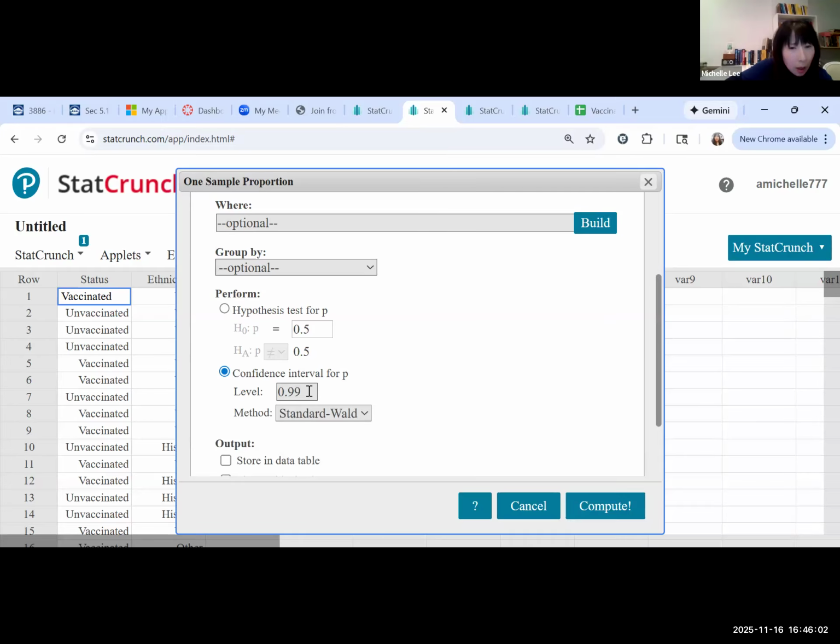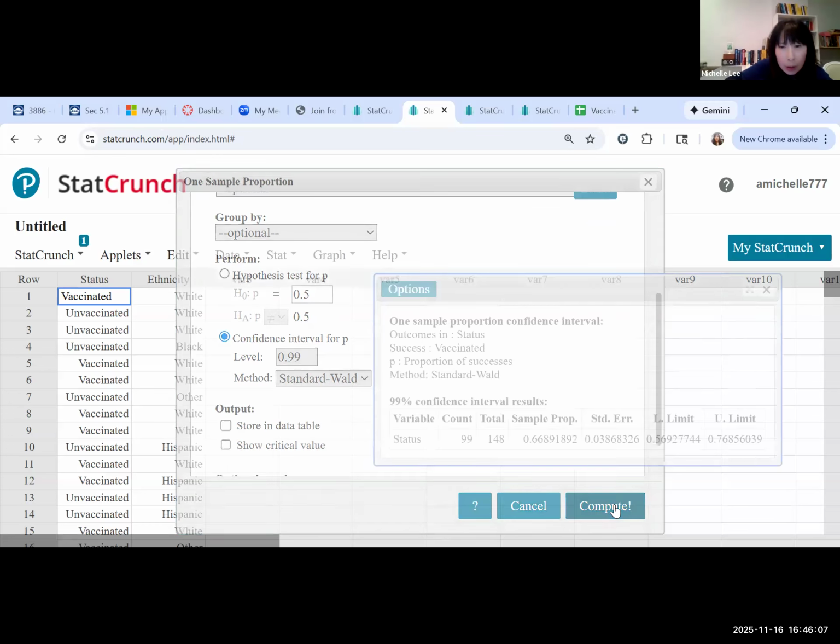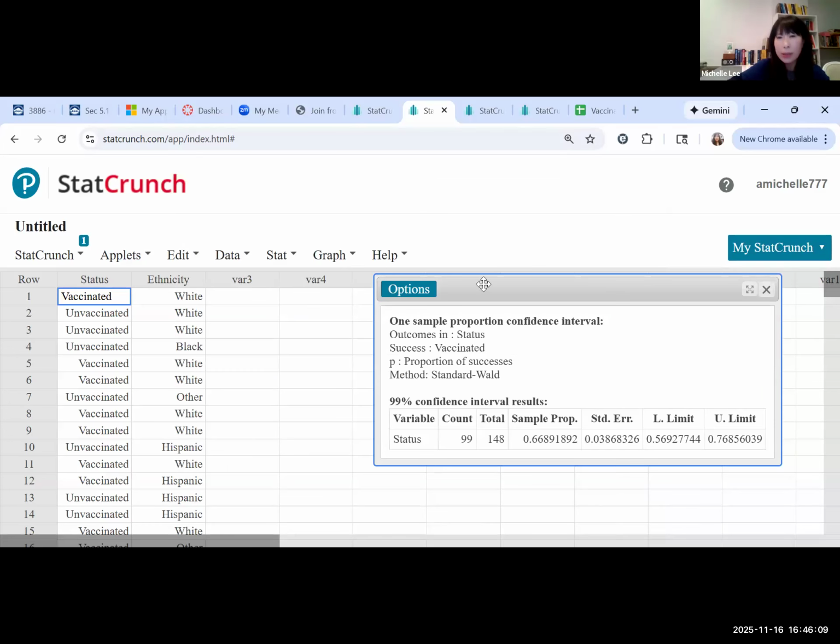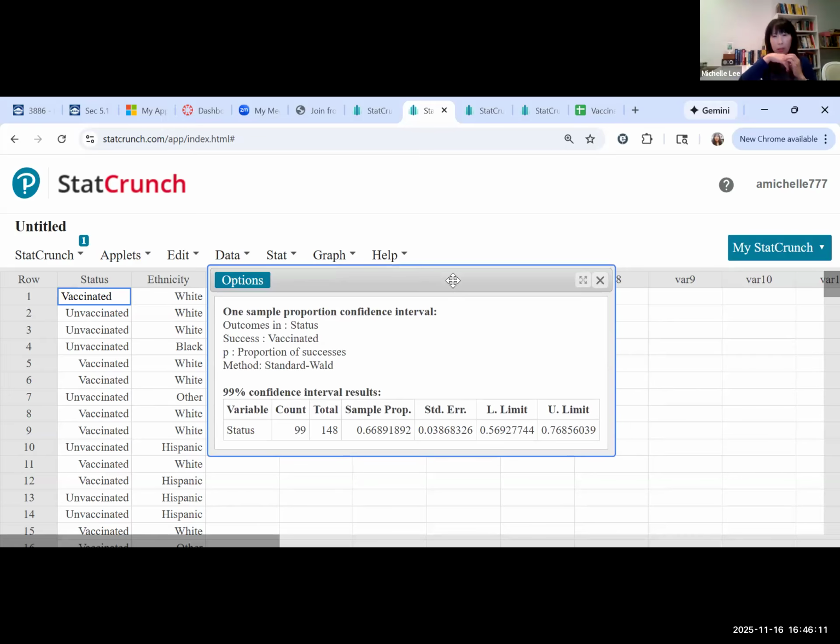Yeah, I don't think I clicked this one. And then compute. Okay, now, yeah, I did not click that. Okay, so we have a lower limit, upper limit, and sample proportion, right? Okay, we have a standard error, right?